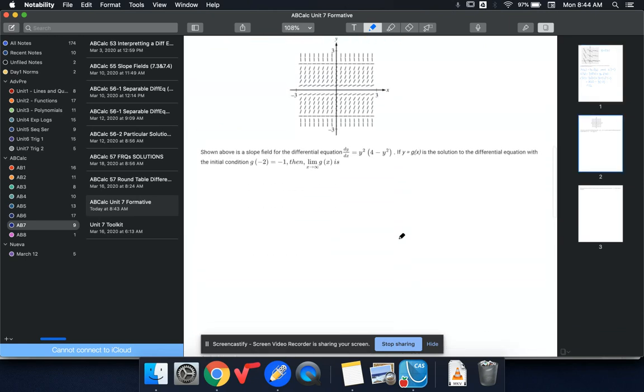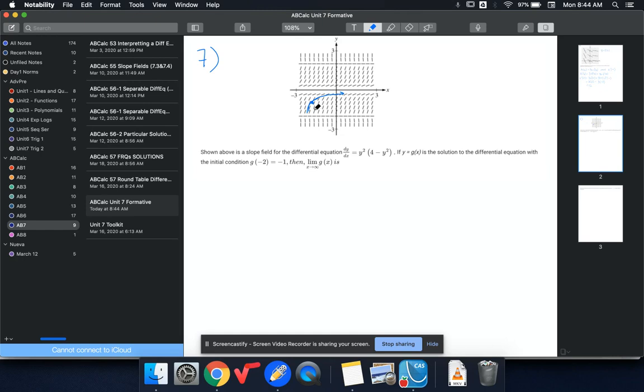All right, this next one, this was question 7. So we've got a slope field for this diffie q. They give me the equation of the diffie q. Y equals g of x's solution with the initial condition g of -2 equals -1. So when x is -2, that'll be about there, -1. So I'm looking somewhere around here. So it looks like we're going up this way.